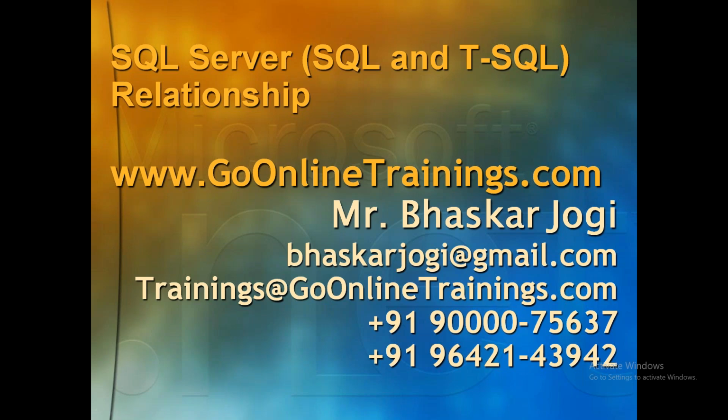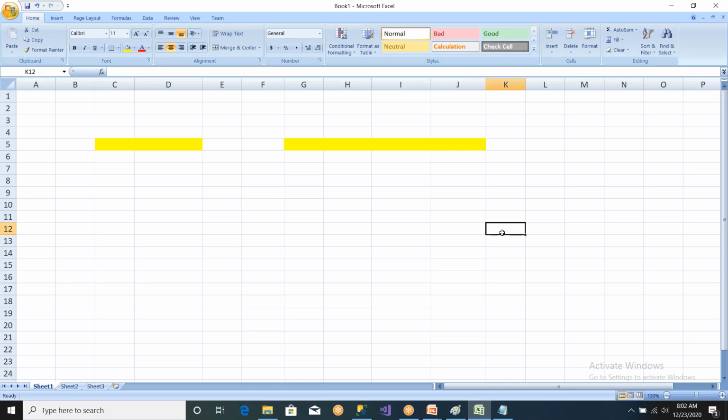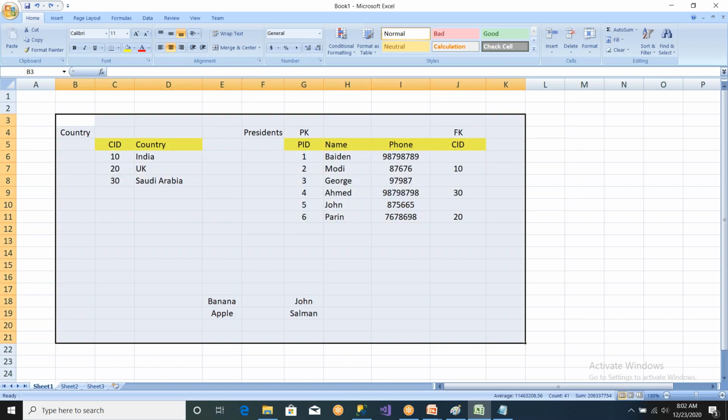Sir, one question. As we know, primary key is unique and not null. Then we define the foreign key from the primary key. Then how does this foreign key allow null values? See, foreign key is independent, right? So foreign key is allowing a null. Null means you are not supplying any data, right?